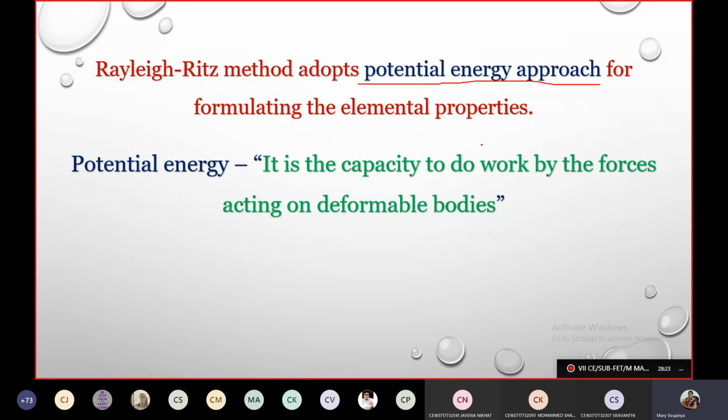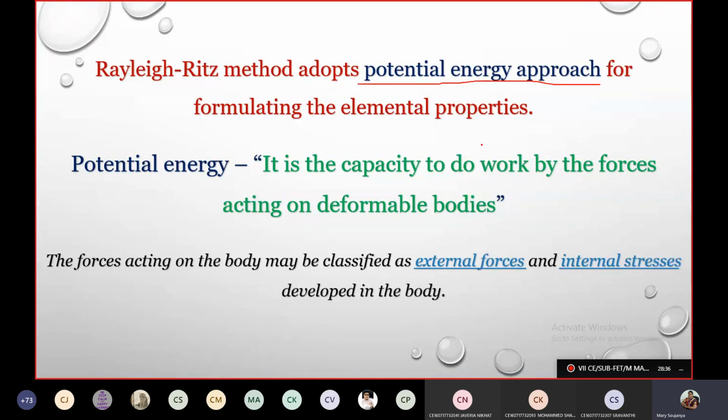But generally, when we have to think about it, it is the capacity to do work by the forces acting. Now, the forces acting in the body can be external forces or internal forces. Or to be very specific, for the internal forces, I can call them internal stresses that are produced in the body.